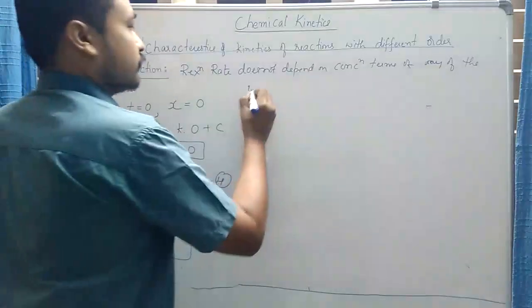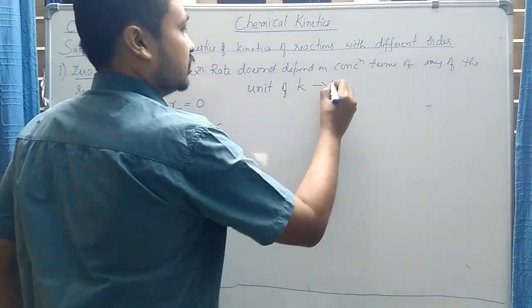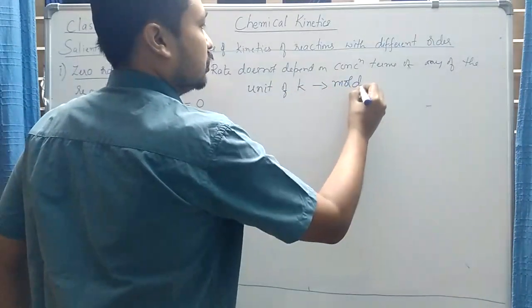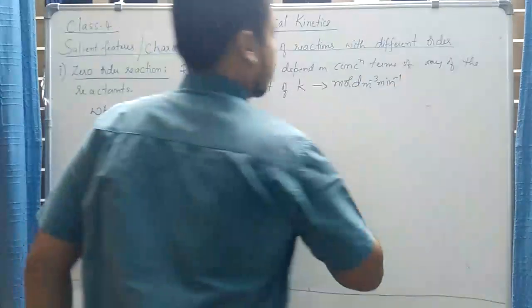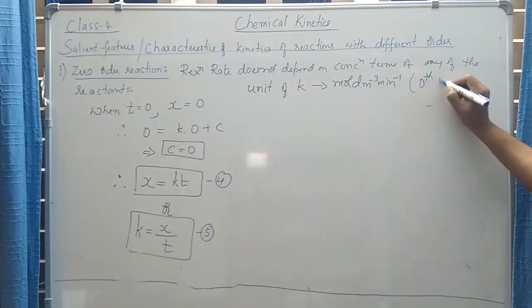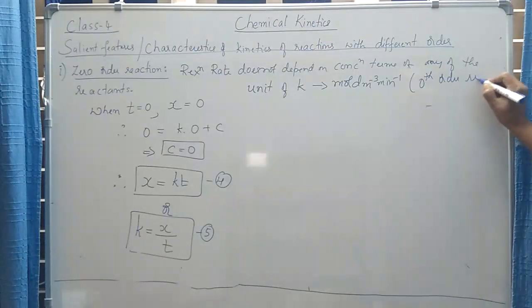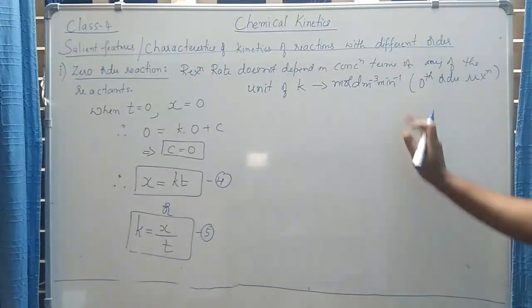Okay, so the unit of k is mole per dm cube per minute, and this is only for a zeroth order reaction. This is applicable for a zeroth order reaction.